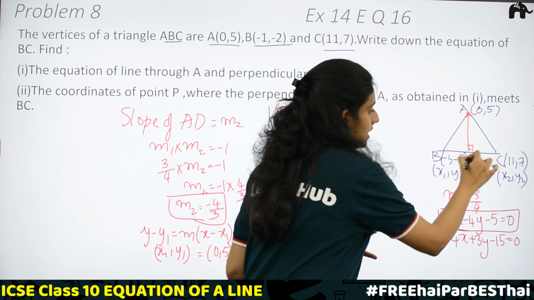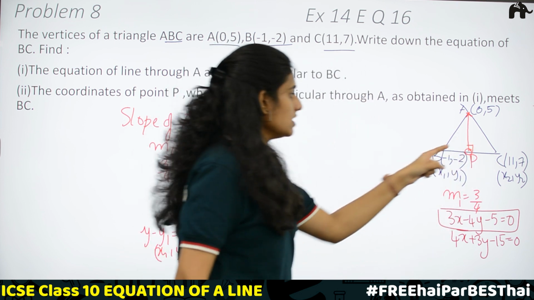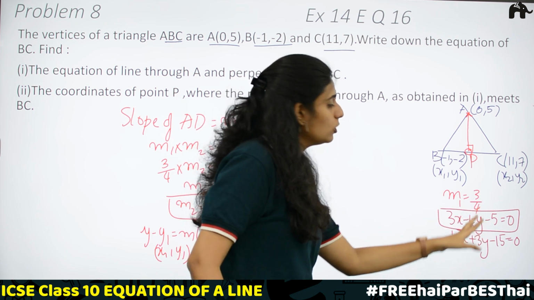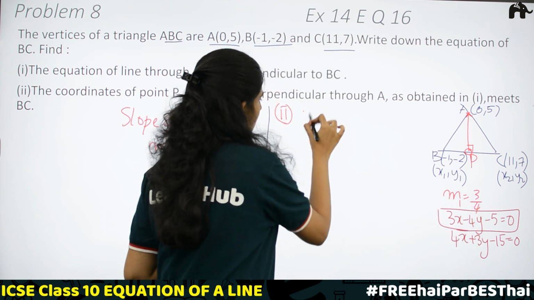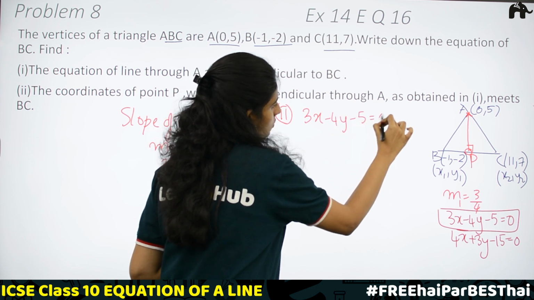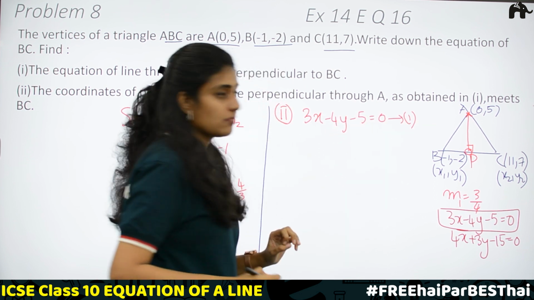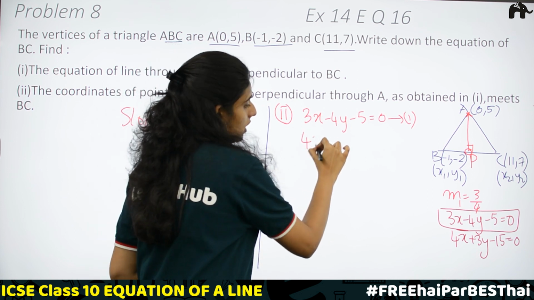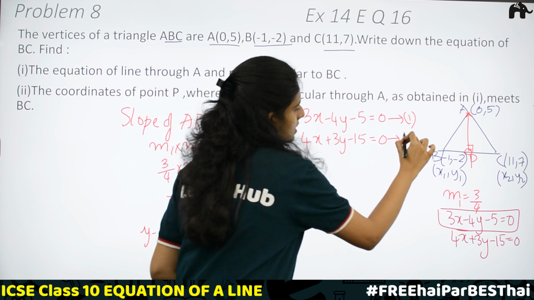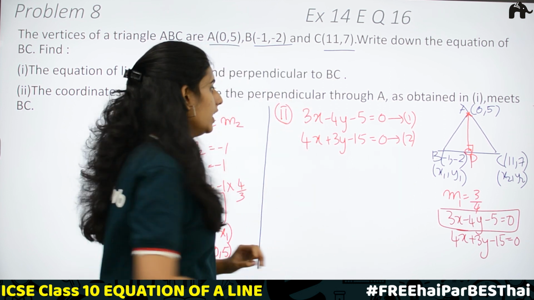So, they intersect at this point P. That is, the x and y values satisfy both these equations. Equation 1: 3x minus 4y minus 5 is equal to 0. And the second equation, 4x plus 3y minus 15 is equal to 0. This is equation 2.